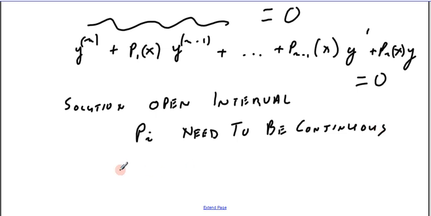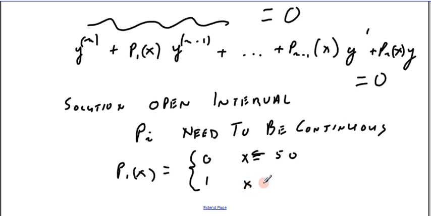So, we could say, well, p1 of x is equal to 0 for x less than or equal to 50, and for x greater than 50, it's going to be 1. Well, if our interval included that, we're not continuous there, so I wouldn't have a solution there.